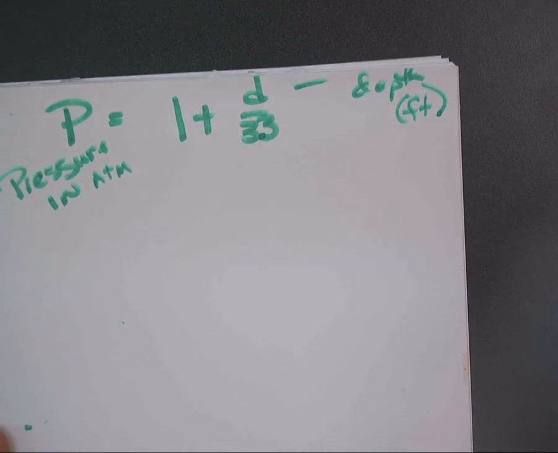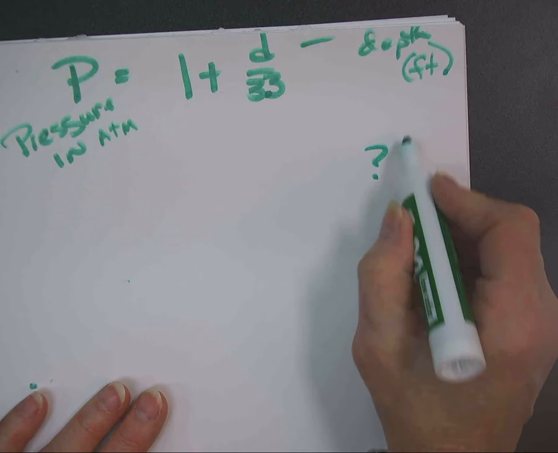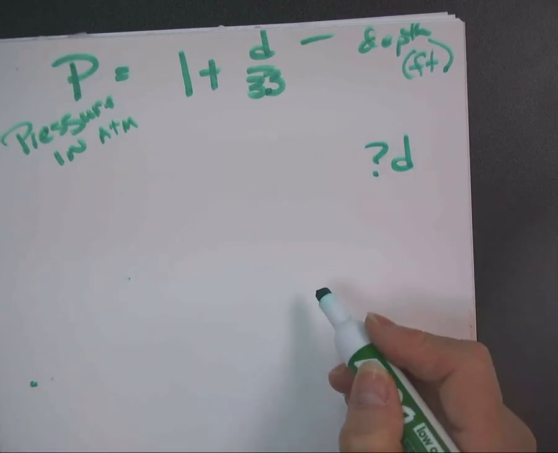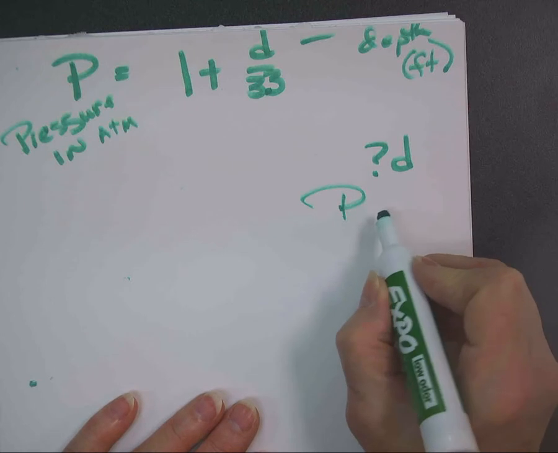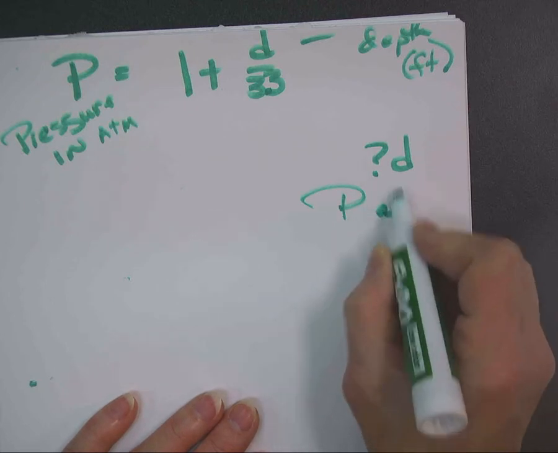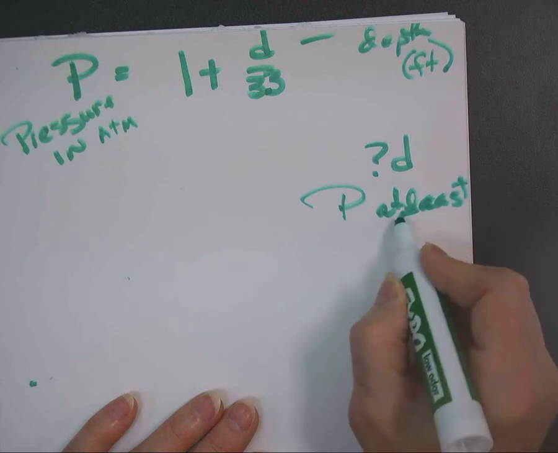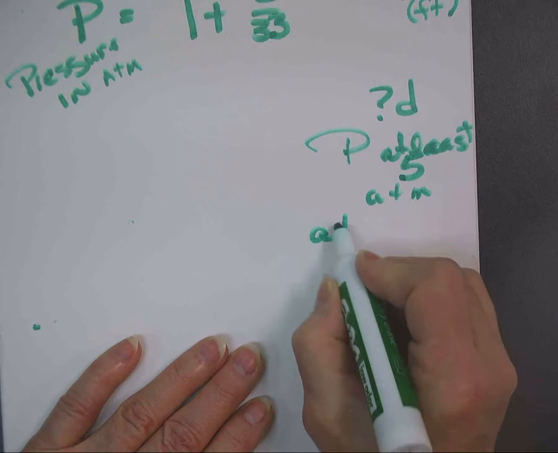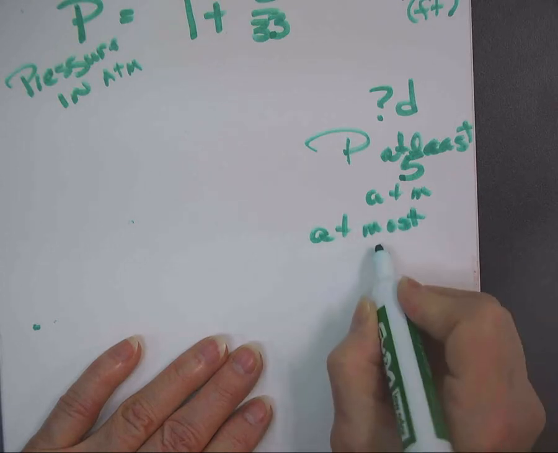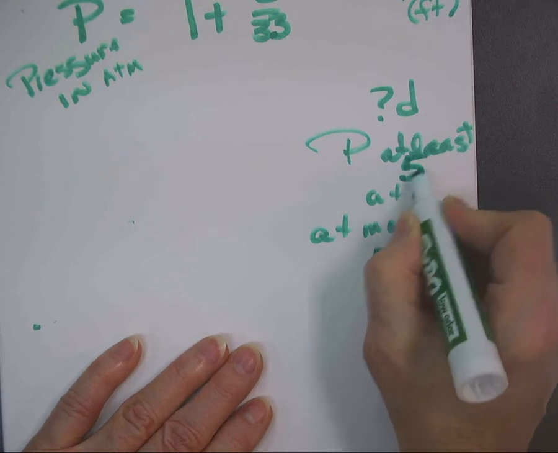And it wants to know for what depths, so you're looking for D, for what D's is the pressure at least 5 and at most 7. So we've got a 5 and a 7.